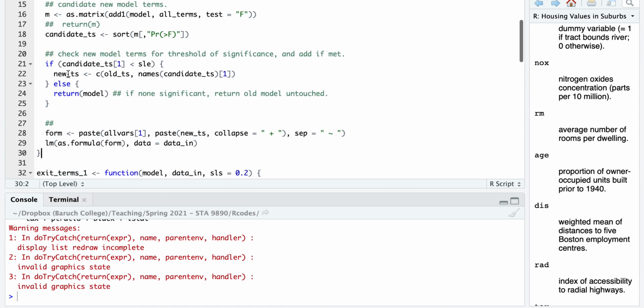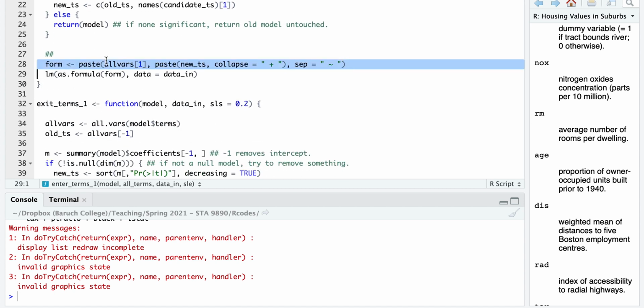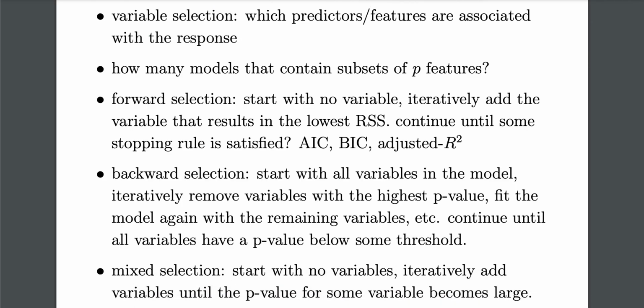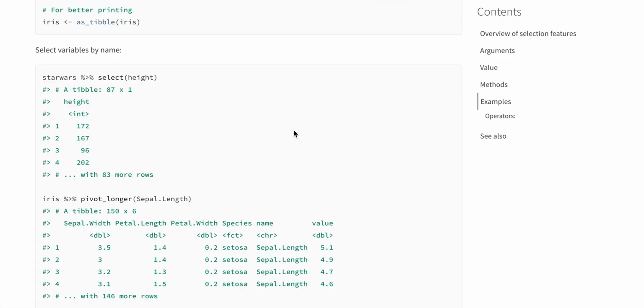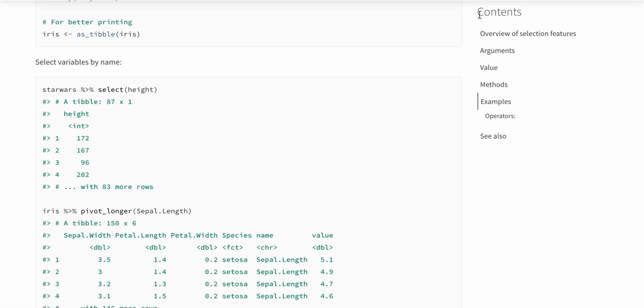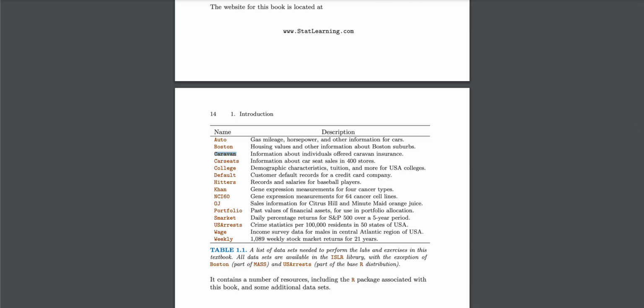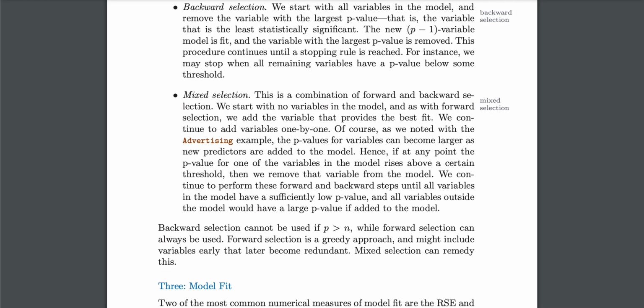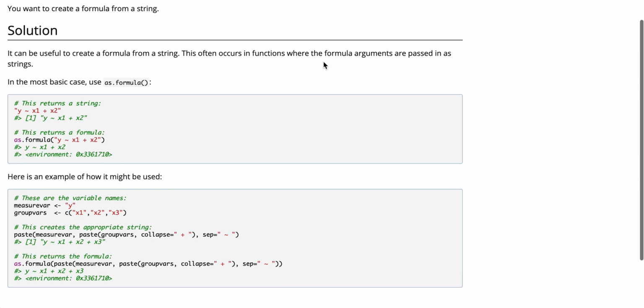Okay, so let me just spend a second about this line, which is just something that you can look up. Okay, this might be useful.